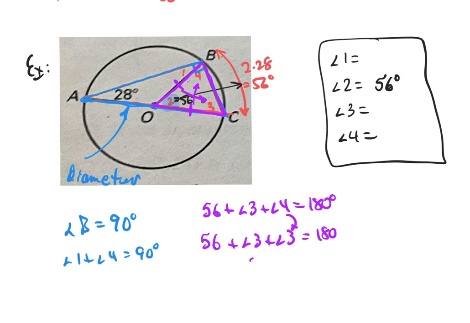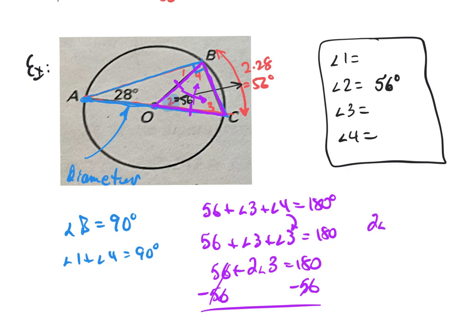Angle 3 plus angle 3 is equal to 2 angle 3's. And if I move 56 to the other side by subtraction, what I'd be left with is 2 angle 3's is equal to 124. So I can divide by 2, and angle 3 then is going to be equal to 62.